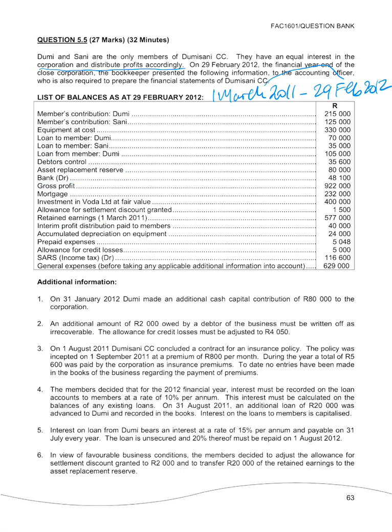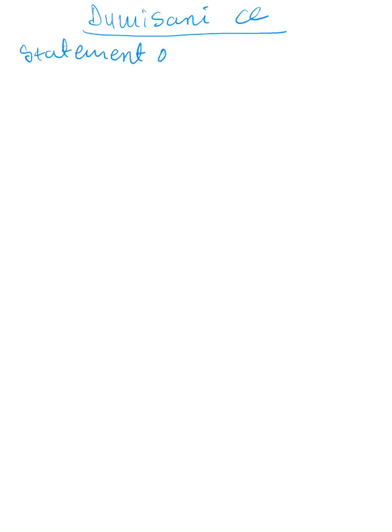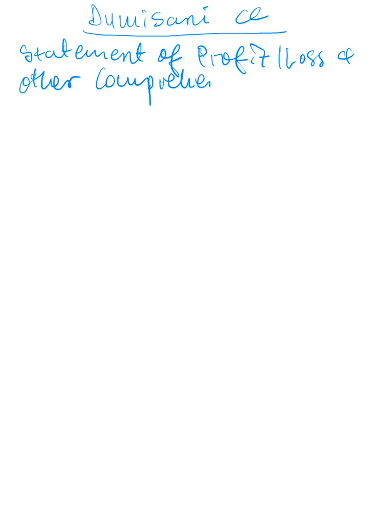What is the name of the closed corporation? It is Dumisani CC. Statement of profit or loss. Here remember they want you to calculate statement of profit or loss and other comprehensive income.